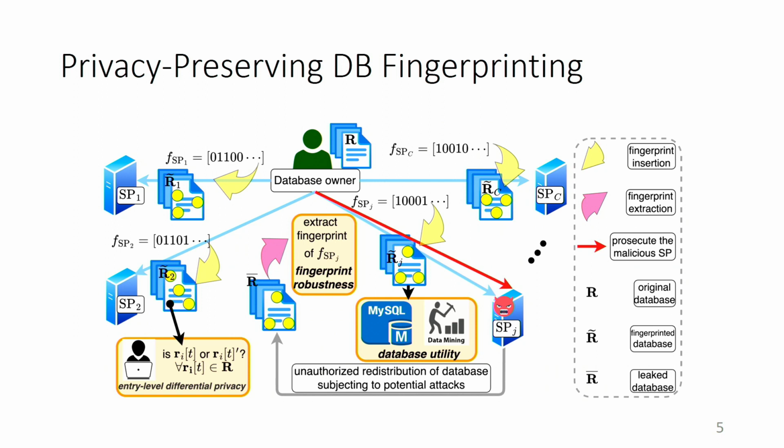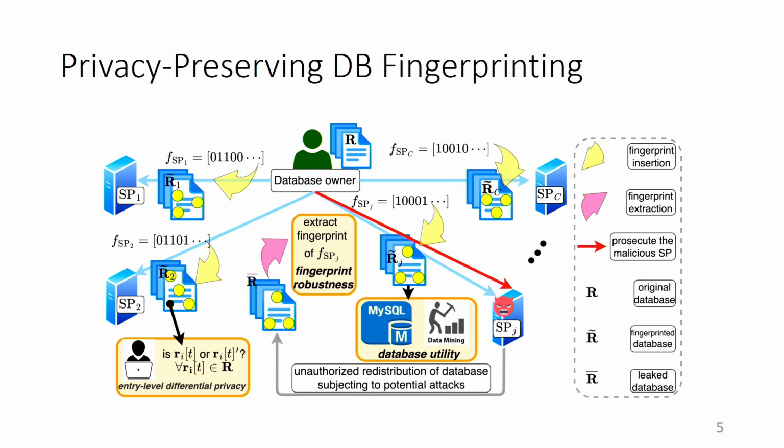So suppose we have a malicious service provider like SPJ. After receiving the database, he makes a pirate copy of it and leaks the database. But our database owner can still extract the exact fingerprint and accuse him for the data leakage.